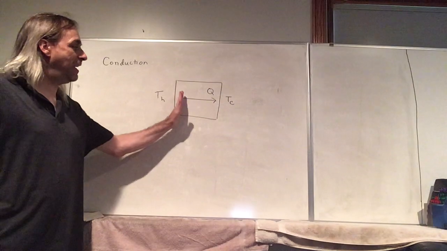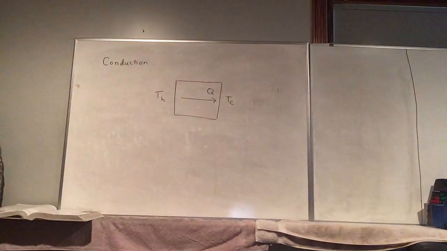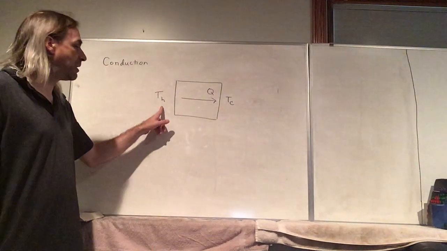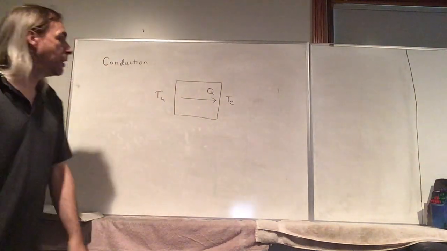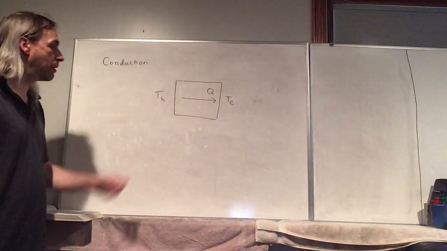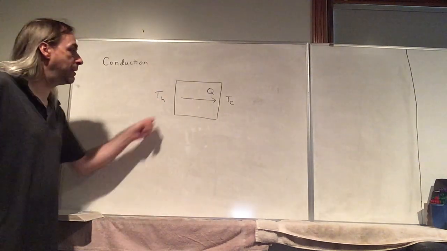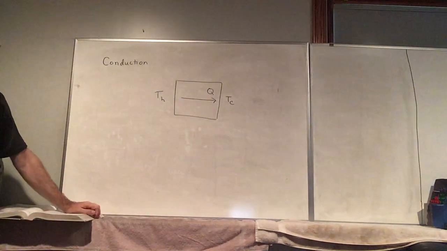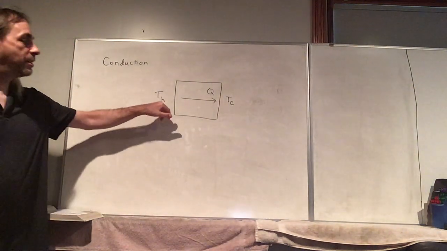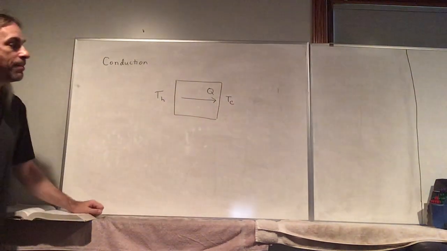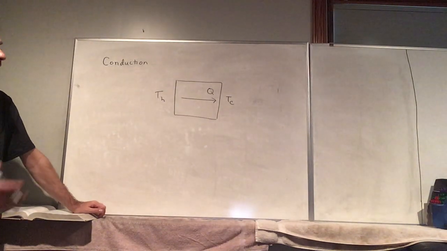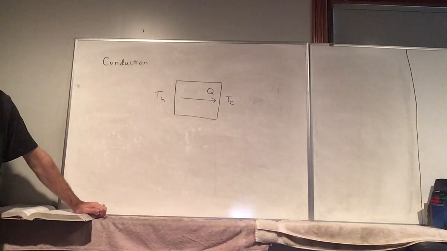And the temperature in between these two ends is going to vary as well. Say this is 100 degrees Celsius and this is 0. Like you have a pot of boiling water, and the end of the pot is connected to the handle. So maybe this end's at 100 degrees Celsius, that end is at room temperature, and we maintain these conditions.